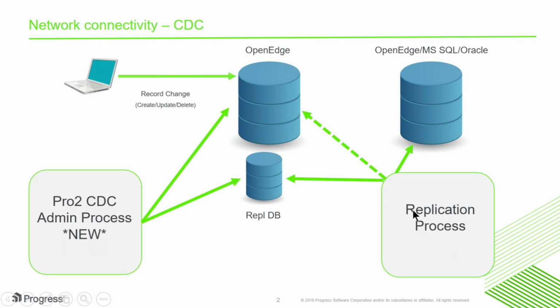One other little enhancement to the process here is you will notice that I've dotted the line of replication connecting back to the source database. So optionally, as Pro2 CDC admin copies CDC to the REPL queue, we can ask this process to bring a copy of source with it, which will basically eliminate a whole connection of replication to the source database.